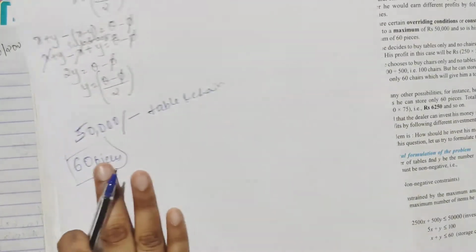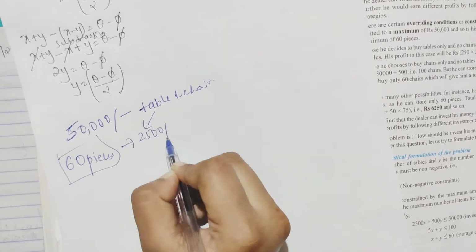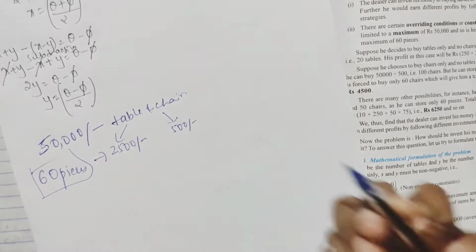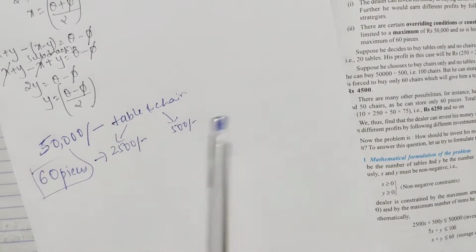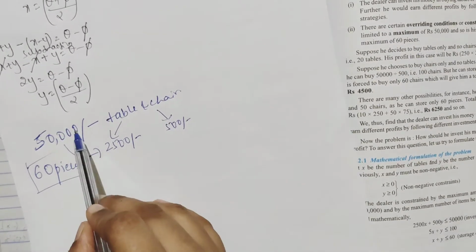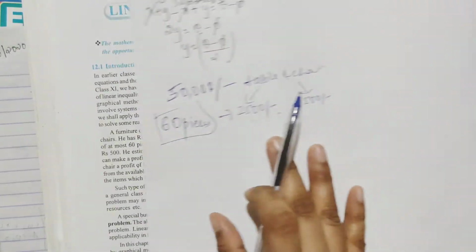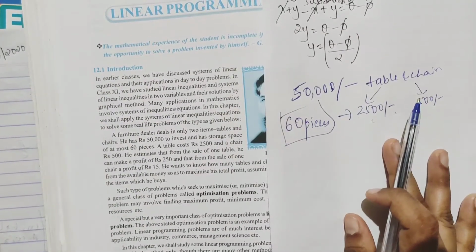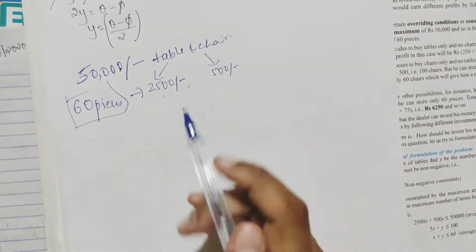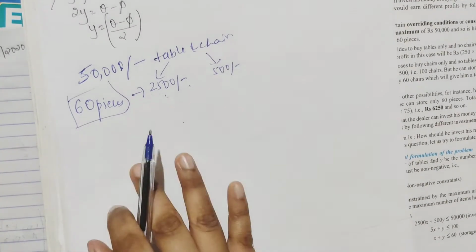He has taken tables costing 2,500 and chairs costing 500, from one dealer or another. How many tables or chairs, we will see later.